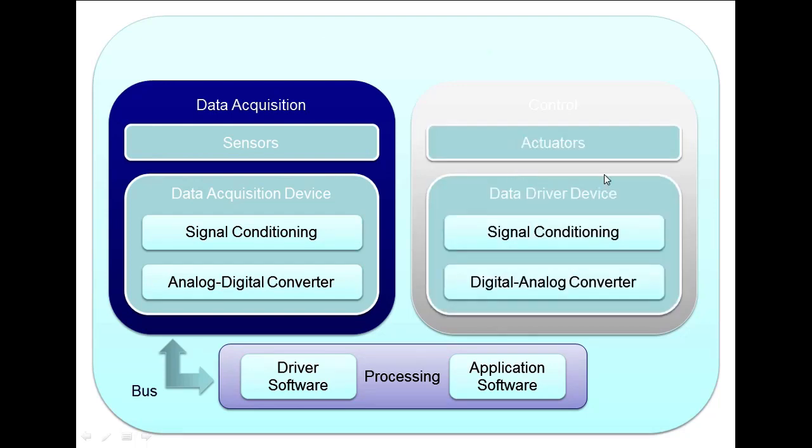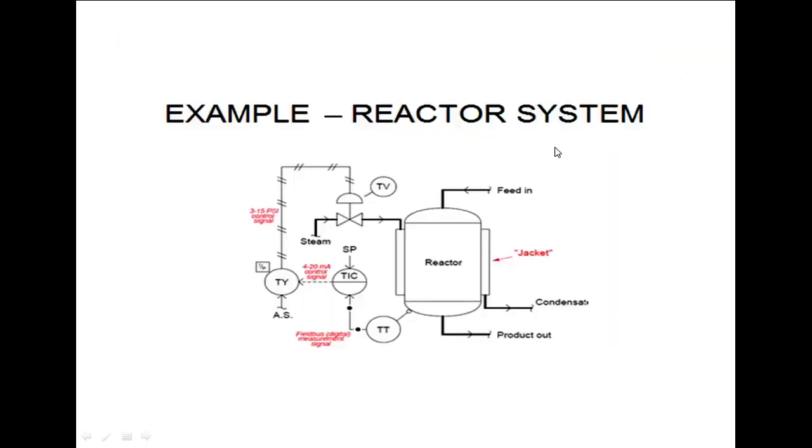For the output, this is what we call actuators. For our example, in order to heat up this reactor, we need to use steam, or a burner. This steam is controlled by a valve, a control valve.